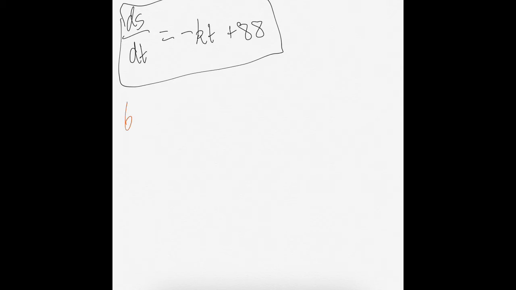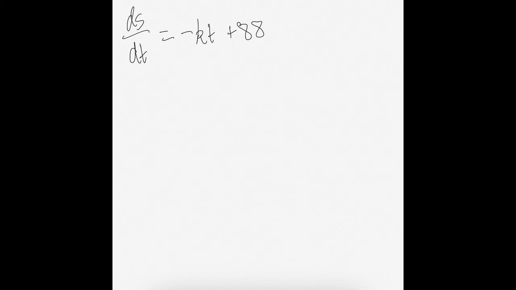You want to find a function that has the given derivative. In this case, we need to find a function whose second derivative is negative k. So we've solved this first initial value problem.